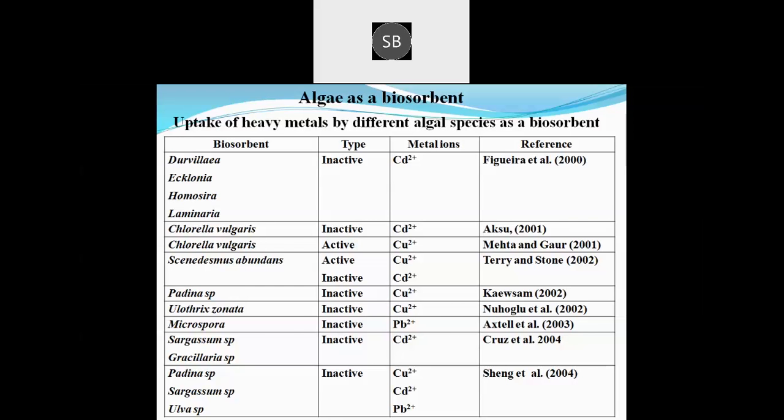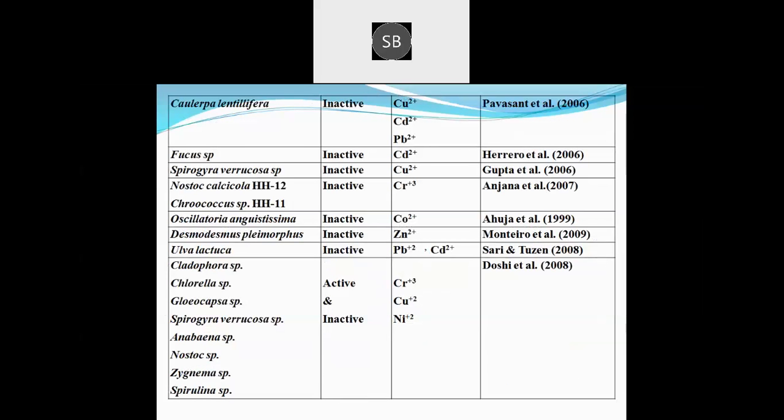So like Microspora, Sargassum, some Phaeophycean members like seaweeds were also used. So extensive studies were carried out on these algal species, and they were found very effective for the removal of cadmium, chromium, zinc, lead, etc., and nickel too. Okay, so these tables. Next slide, ma'am.